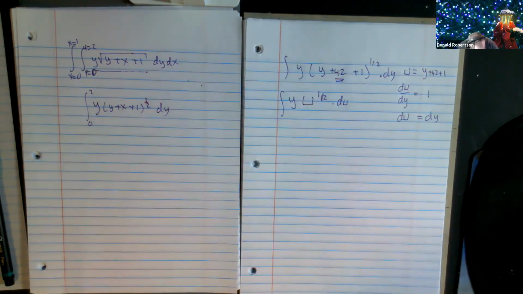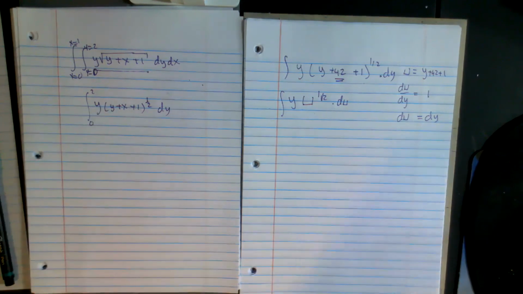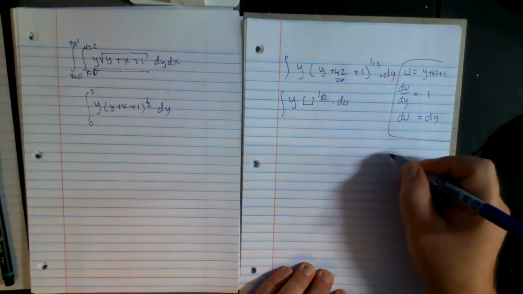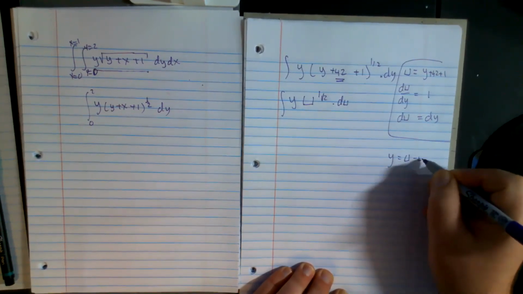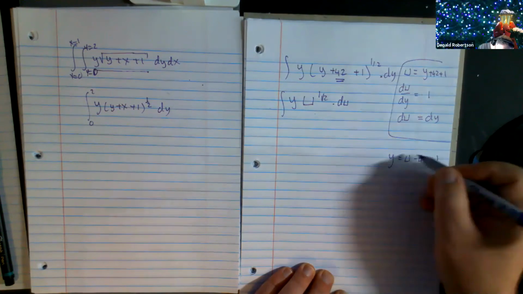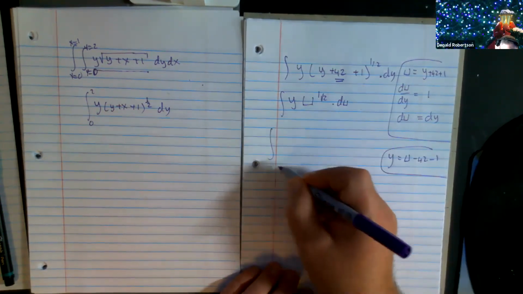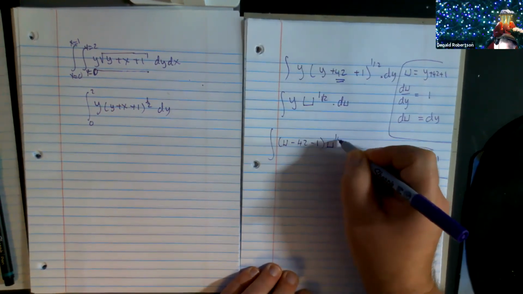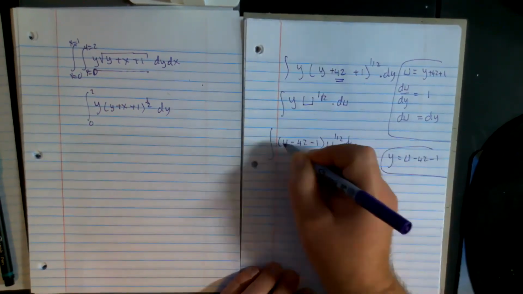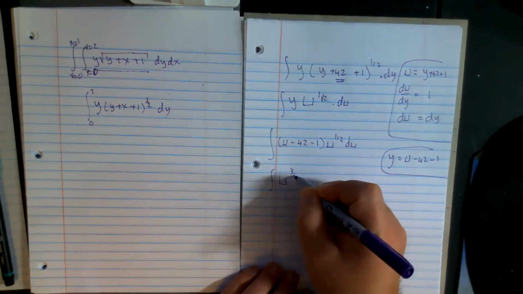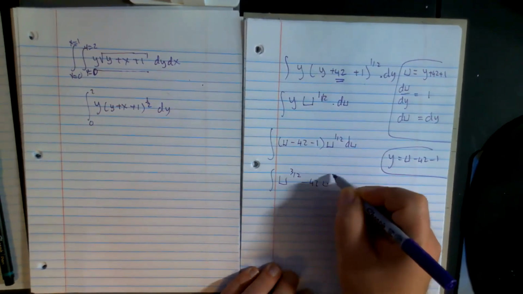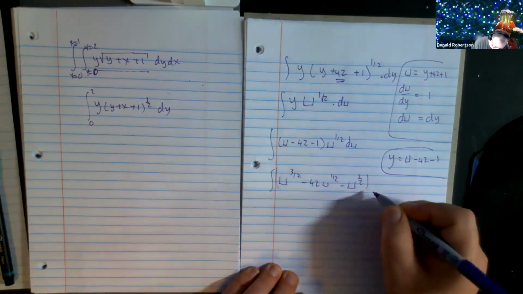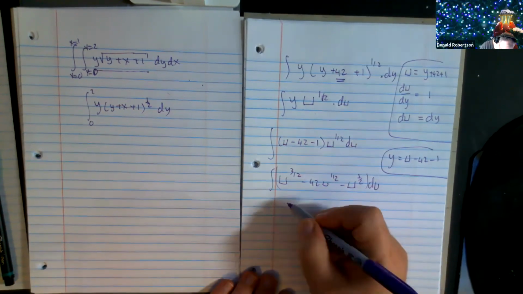Well, not too bad. If you take this, you get that, which means y can now be u take away 42, take away 1, times u to the half. If I distribute them, I get that. And then I can just do power rules.